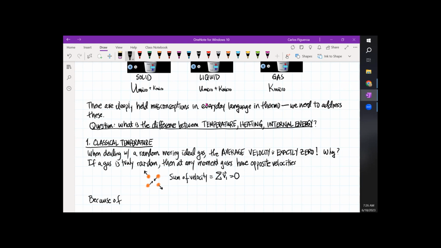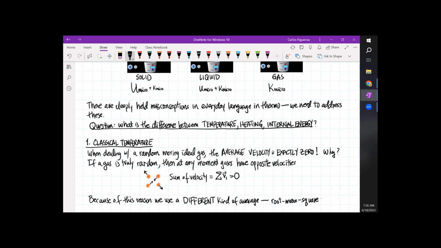Because of this reason, we use a different kind of average. And this is called the root mean square.